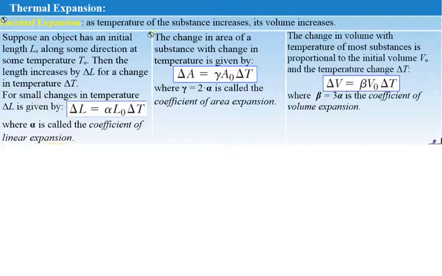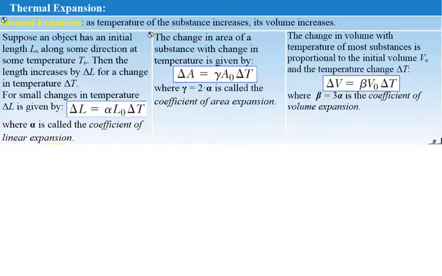So here are three different formulas, and they say if an object has an initial length L sub 0 along some direction at some temperature T sub 0, then the length increases by delta L for the change in temperature delta T. So for small changes in temperature, you can use delta L as it is given by the formula.